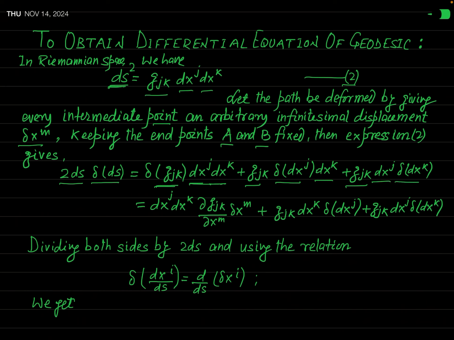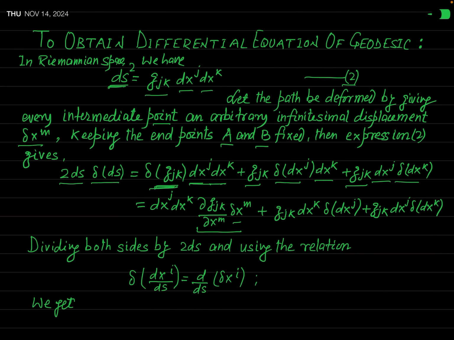Now you can see what will be the value of delta operated on g_jk. In accordance with the definition of this delta variation, you may write delta operated on g_jk equal to this much: del g_jk by del x^m times delta x^m. Here you have seen that delta x^m is the arbitrary infinitesimal displacement given to each point between A and B. So instead of delta g_jk, we have written del g_jk by del x^m delta x^m.